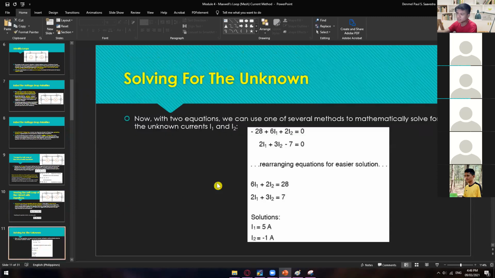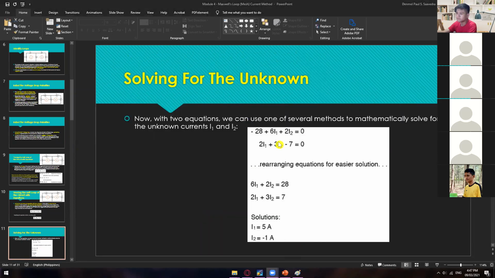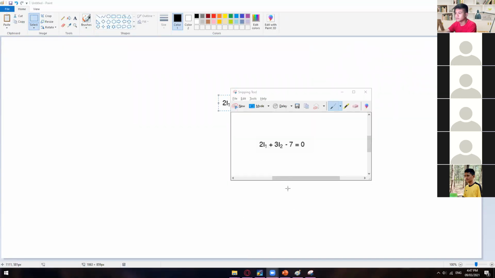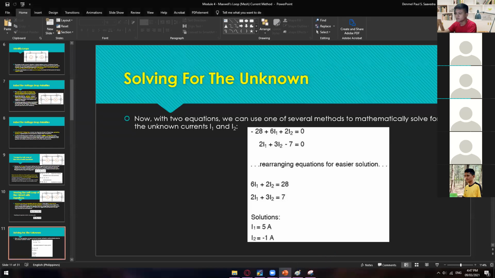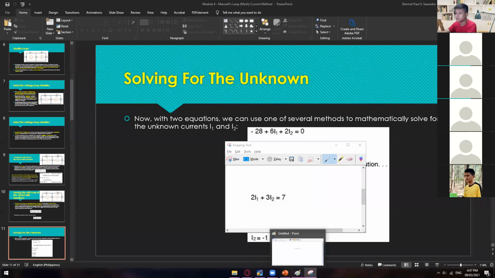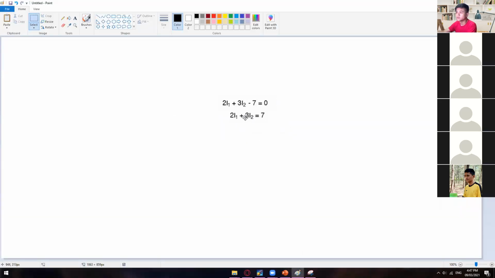All right. So here's now the part wherein we'll be using simultaneous equations, solving for the unknown. So we have here your loop 1, and then we have here your loop 2. So we've just arranged them. So we have 2I sub 1, and we have here the loop number 2. They are not aligned together.